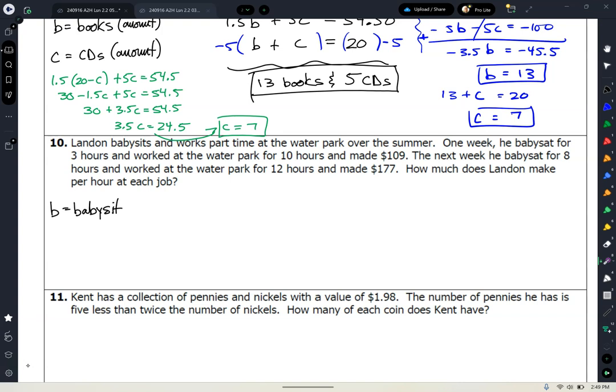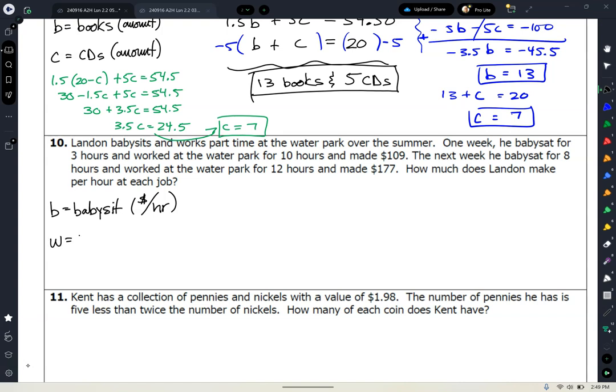That's what we're looking for. So in this case, our variables are not defined by quantity, they're defined by a rate. So this is babysitting in dollars per hour. So when we solve for B, whatever number we come up with, that's going to be, and he made that many dollars per hour. Same thing for the water park, right?